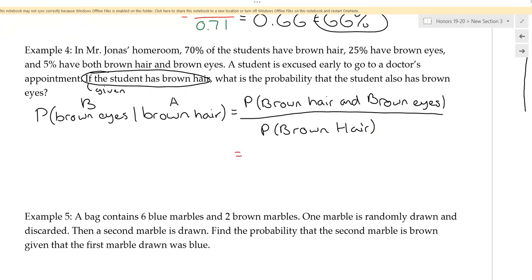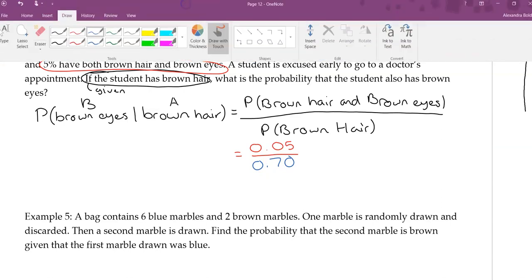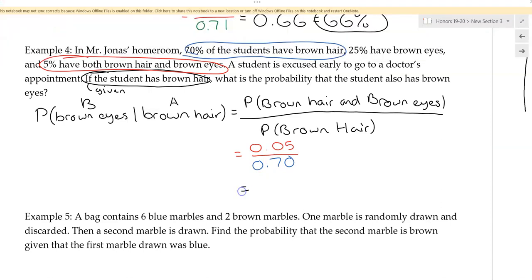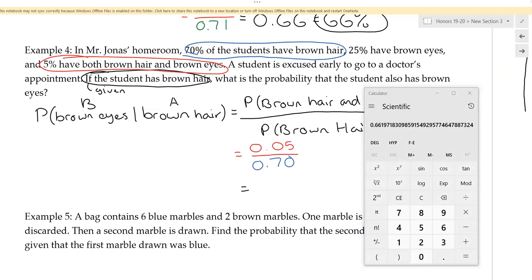Well, 5% have brown hair and brown eyes. So that's 0.05. Brown hair, 70% of the students have brown hair. So that's 0.70. So same type of thing, just a different way of asking the question.